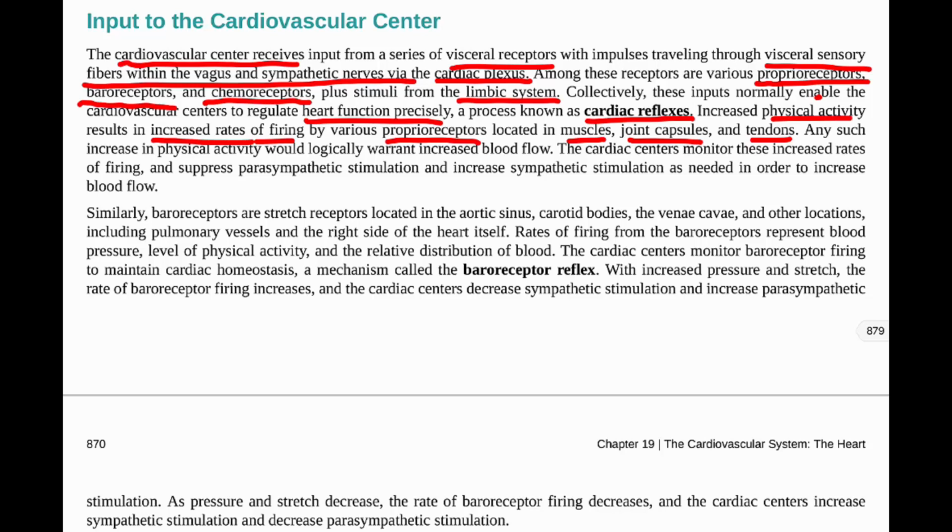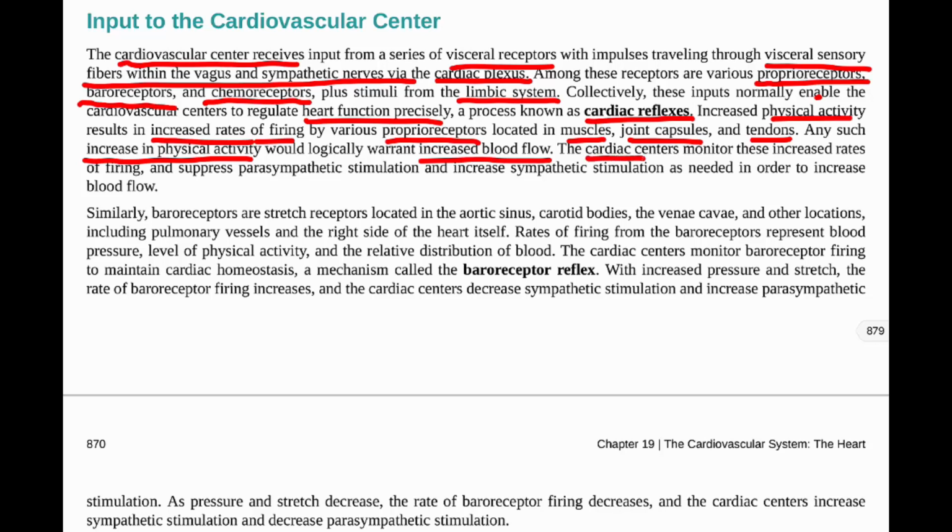The proprioceptors are going to be firing when there's increased physical activity, for example, and then that information is going to go up to that cardiac center, or cardiovascular center, and then that will increase the rate of firing, so it will increase the heart rate. Any such increase in physical activity would then warrant an increased blood flow. That's why it'll be increasing.